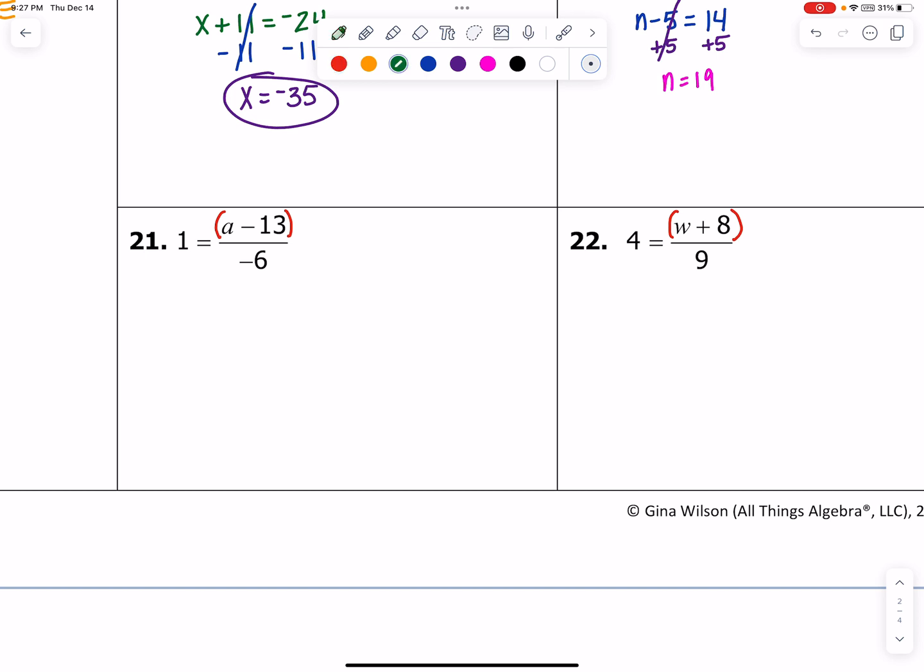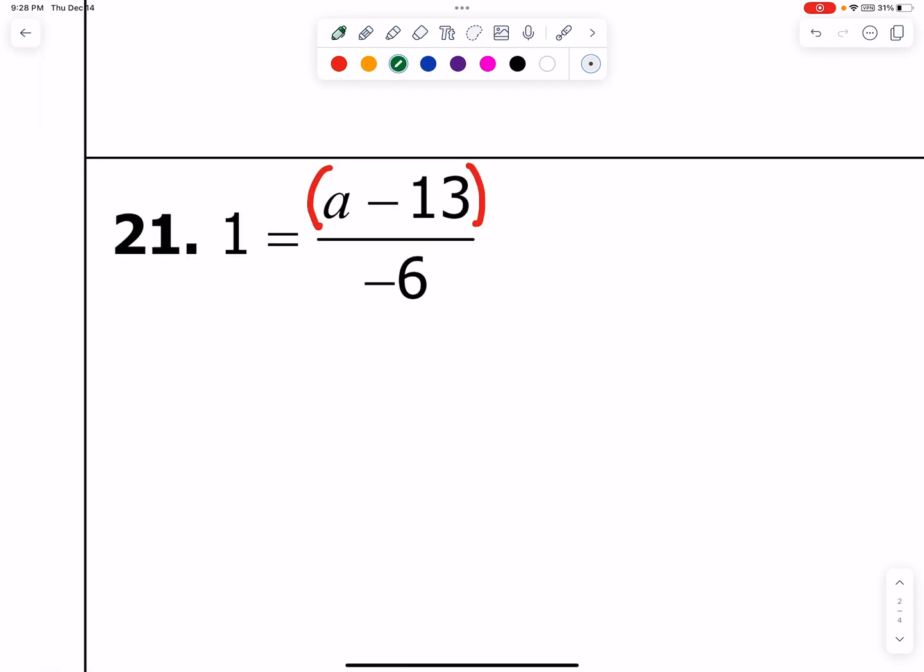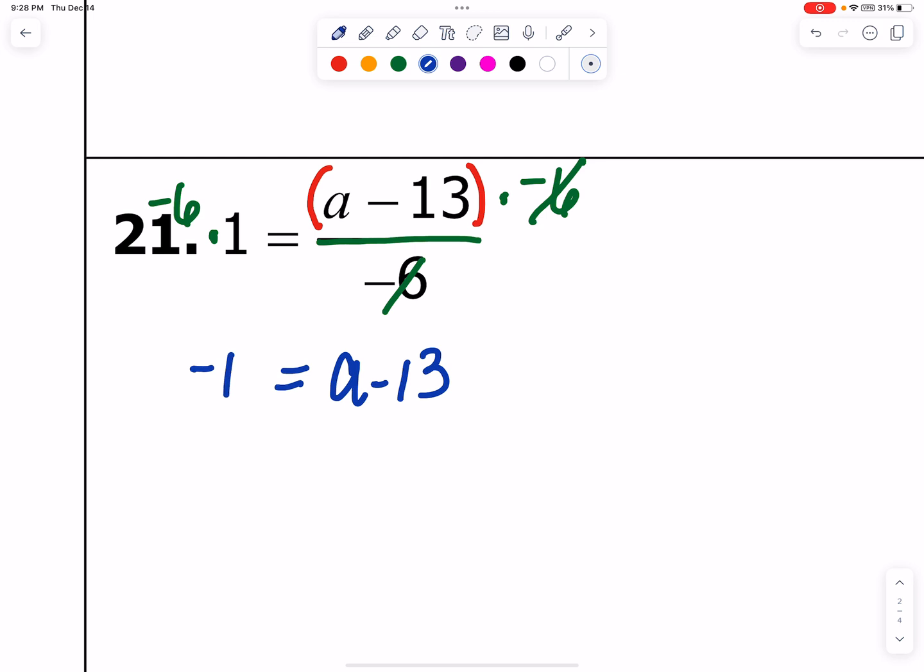All right, so according to SADMERG, I can't touch that invisible grouping, so instead of divide by -6, I'm going to multiply by -6 to both sides. Physically cross that out, and what are we left with? A minus 13 equals -6. Now we can go ahead and do this addition subtraction, so plus 13 to both sides.